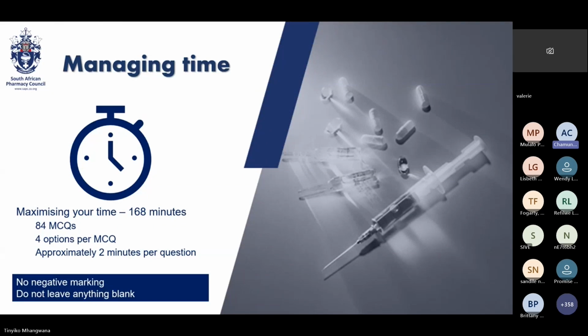Also there's no negative marking and you shouldn't leave any blank spaces. It's also important to remember that with the general section, the minimum pass mark is 50%, right? And Dr. Fogarty, once again, will take us through examples of general questions.